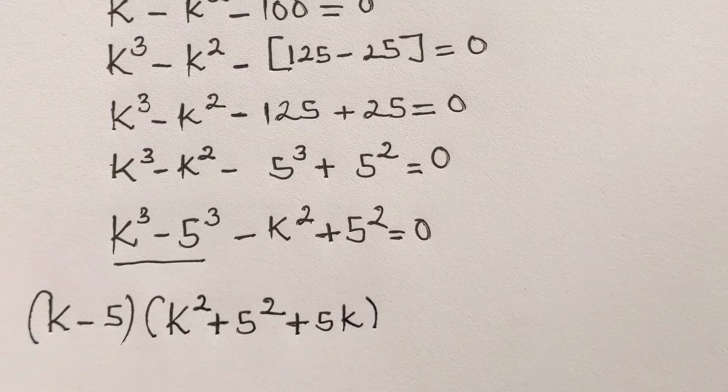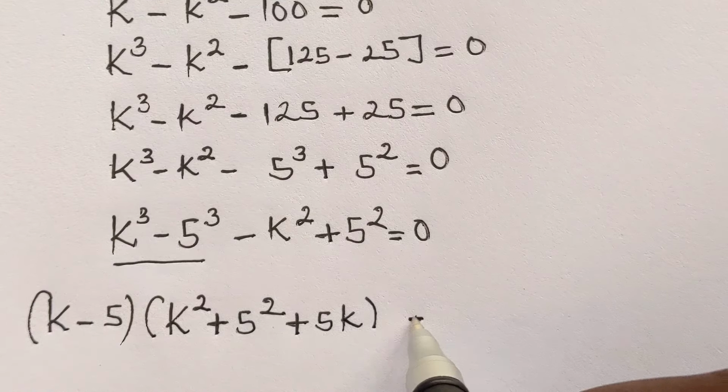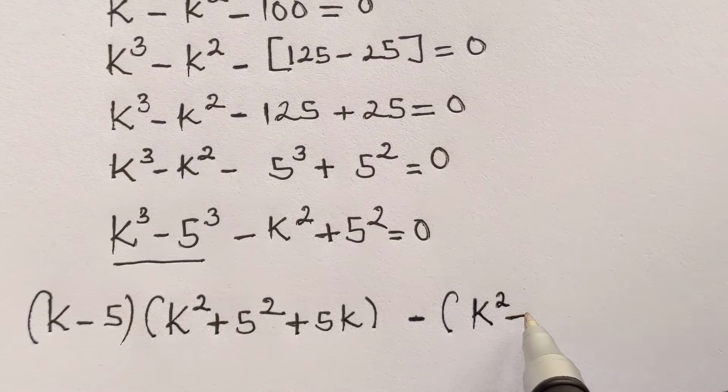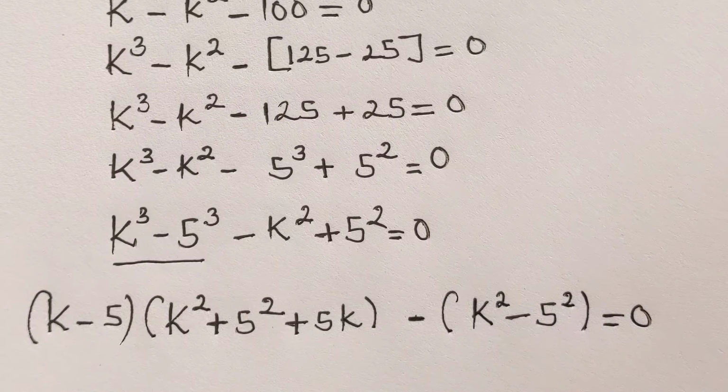Okay, then here we can factorize minus out to get k squared minus 5 squared equals 0.